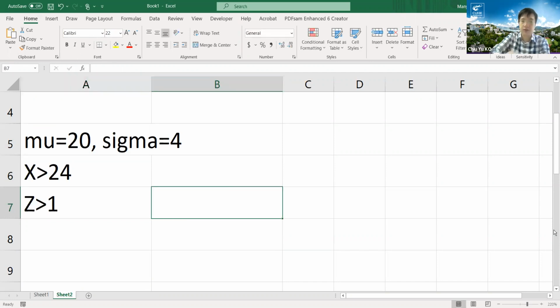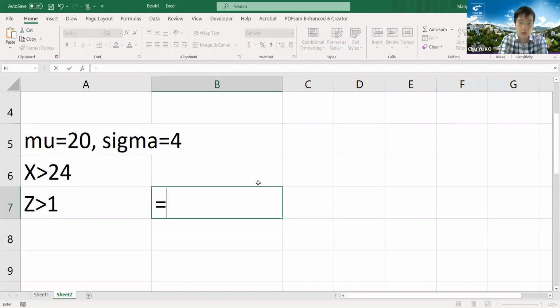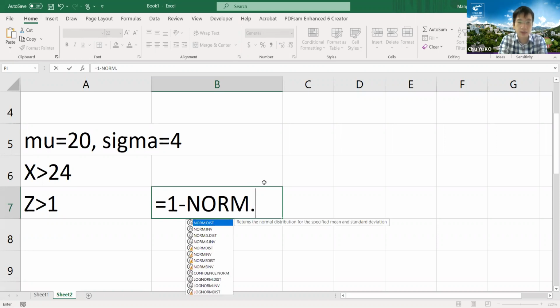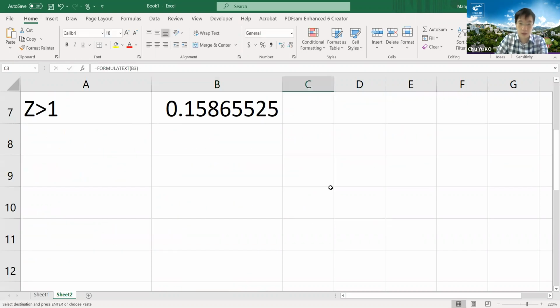So let's do the z part first. Can you see my Excel spreadsheet? Z bigger than 1 will be 1 minus z less than 1, which is 1 minus NORM.S.DIST of 1, TRUE. Let me copy.